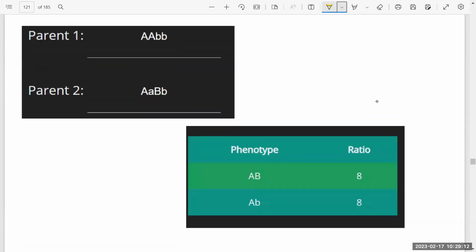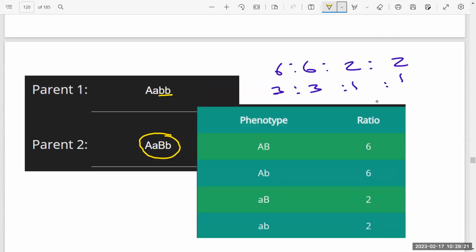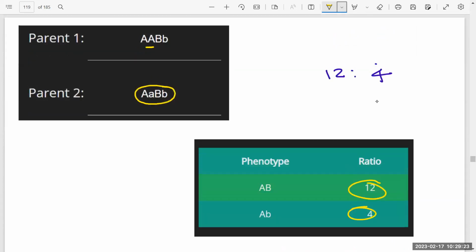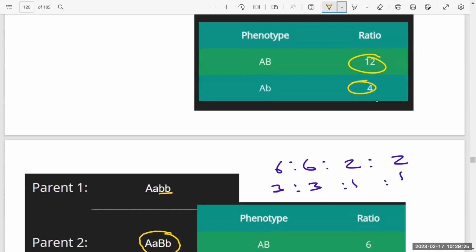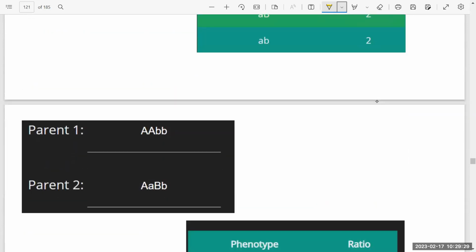Then the other one. Here capital A, small b, small b, capital A, small a, small b, small b, and here capital A, small b, small b. So on the other side we take both homozygous dominant and homozygous recessive.